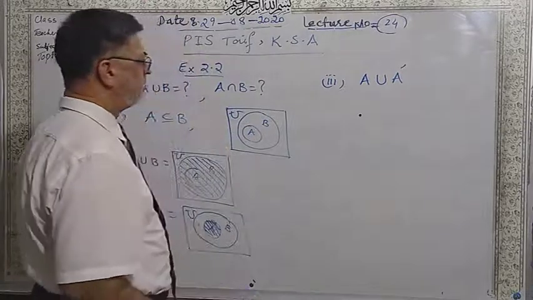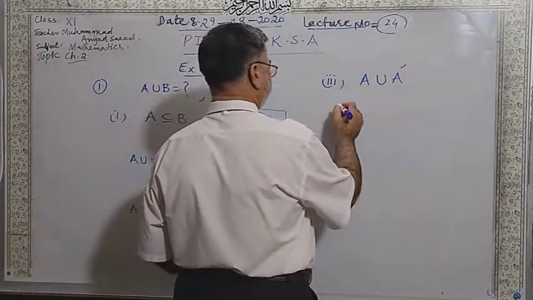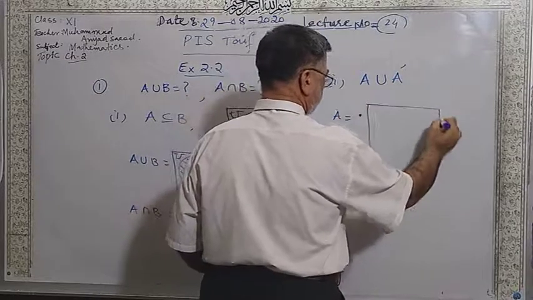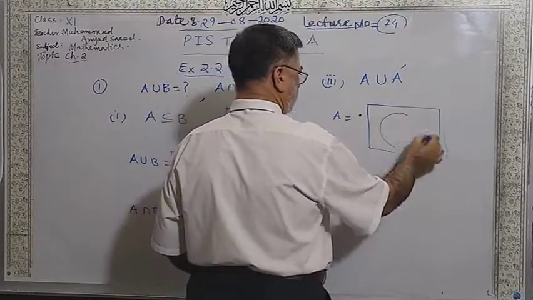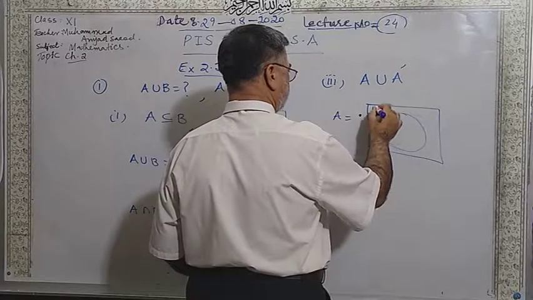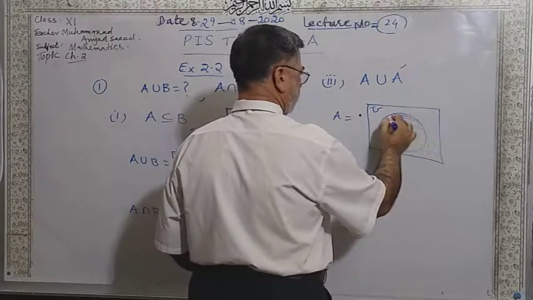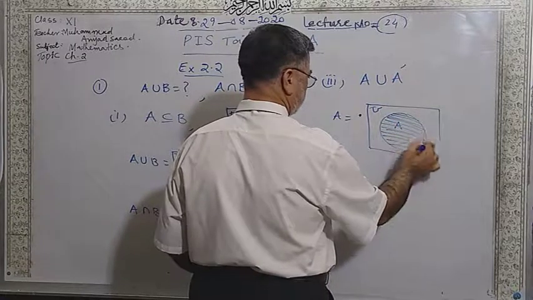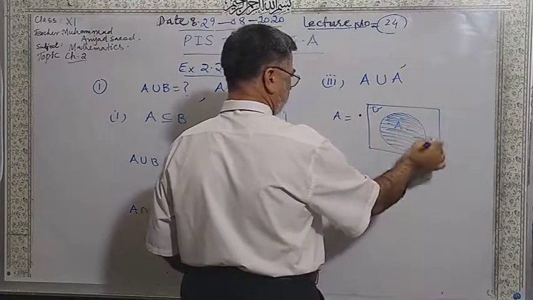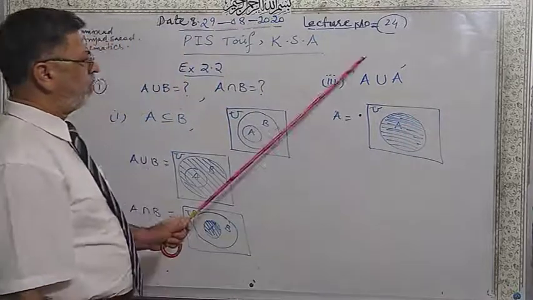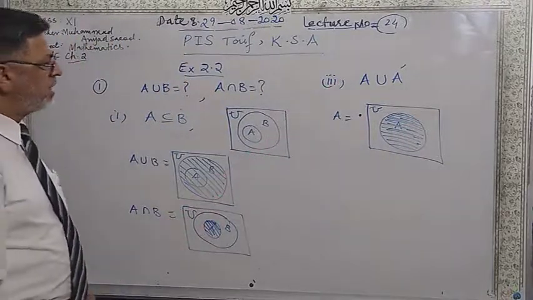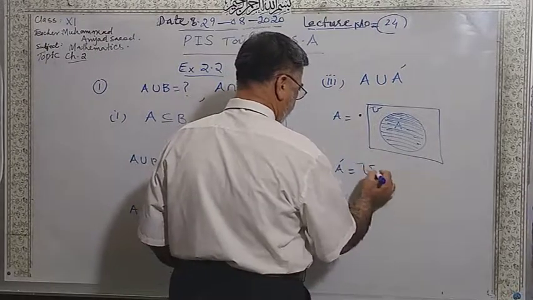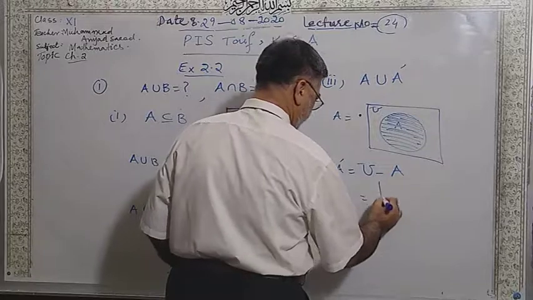First of all, this is A. Shade this in. You have A. After that, A complement is universal minus A.